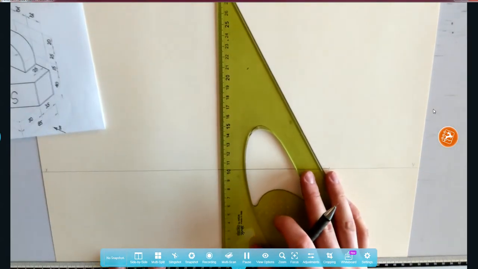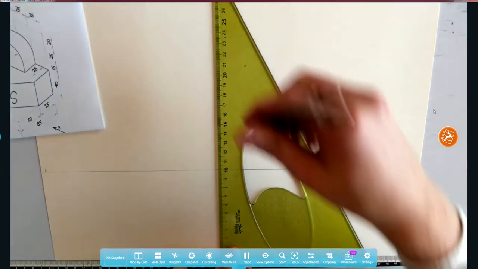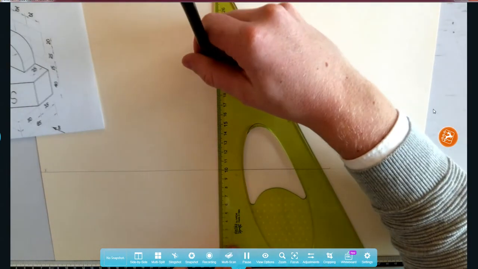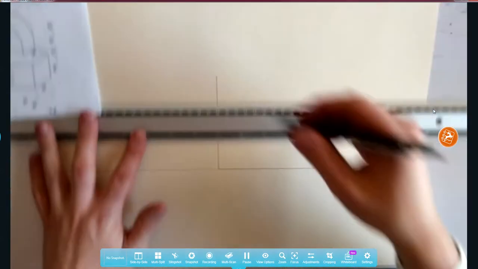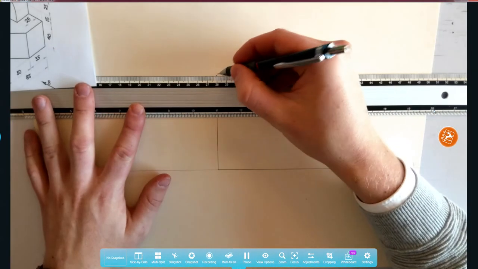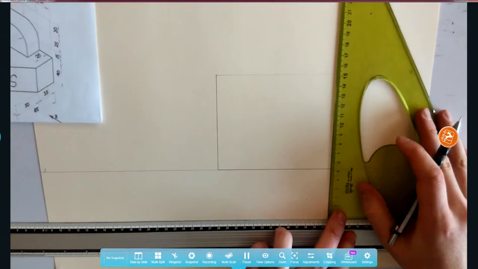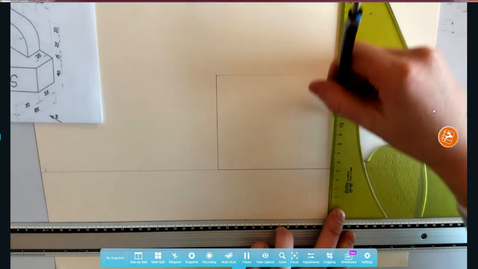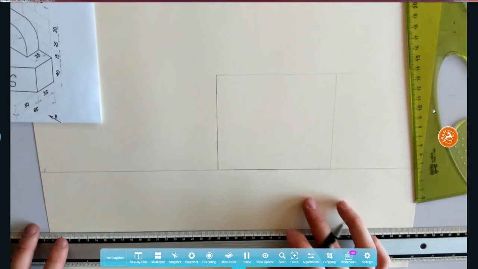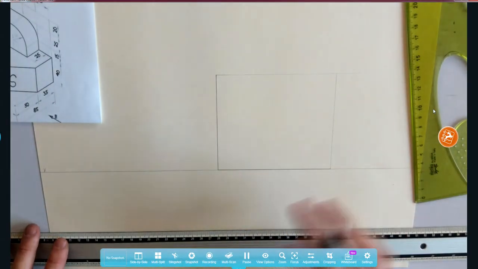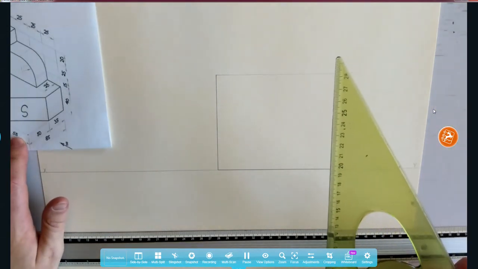So we have a rectangle there of 125 by 100, and our elevation is going to fit perfectly inside that. So we're going to mark off our heights first.